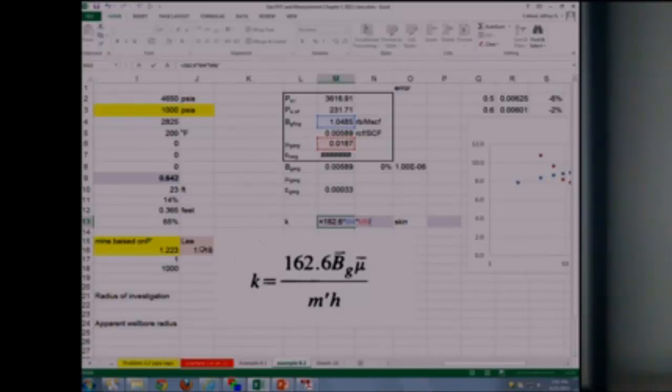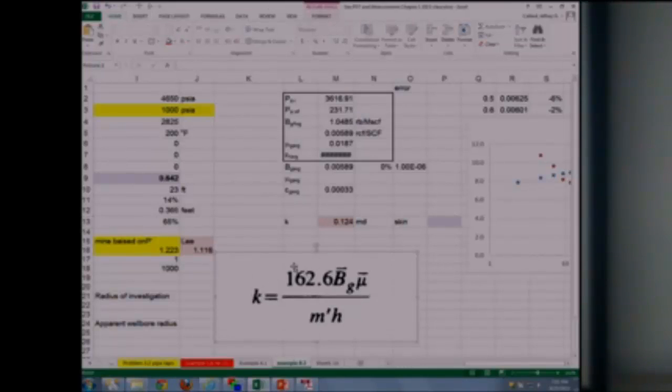Let's put theirs in first. And divided by my h, 23 feet. Okay, using the Lee slope, I get 124.